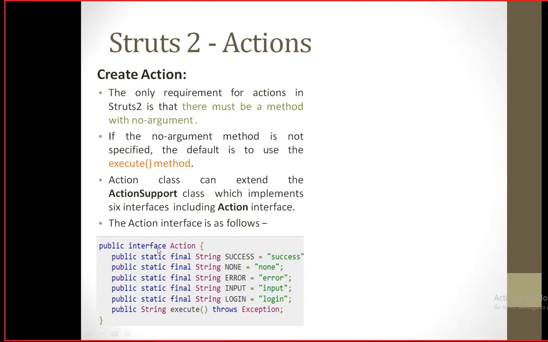For example, if we are using the Action interface, as you can see below, the interface has a number of string constants for each result type, such as success, error, input, login, whatever it is. Then it has a plain signature for the execute function, so we need to implement it when we implement this action class.